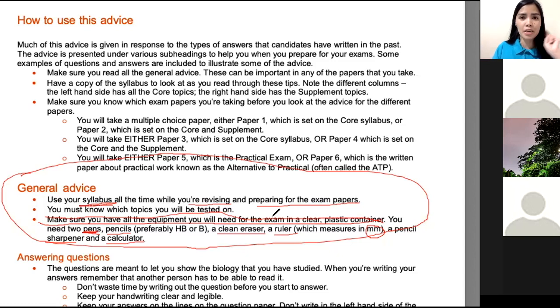But if it's paper 2 or paper 6, wherein you will be asked to make a data chart or graph, again, you will use pencil, okay? Do not use pen. And always use a ruler, because IGCSE is very particular with how straight your bar chart is, how straight the cells are. They are very particular with that, so please use a ruler, eraser, pencil, and so on.